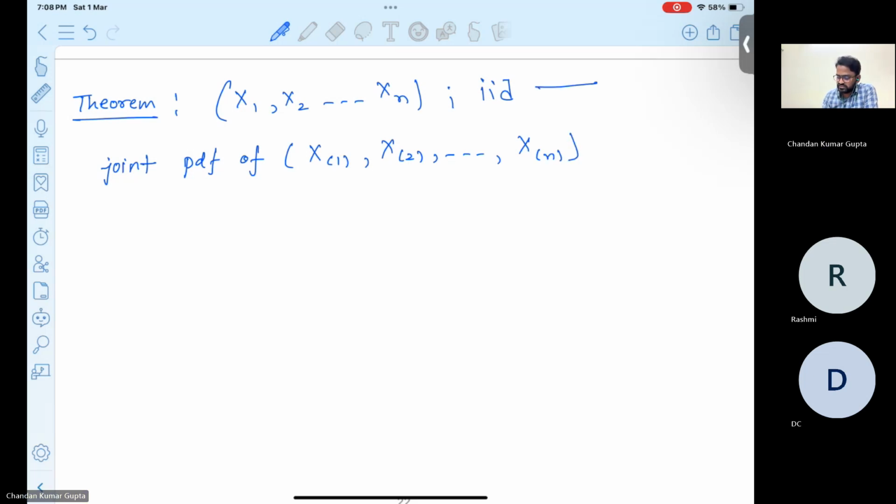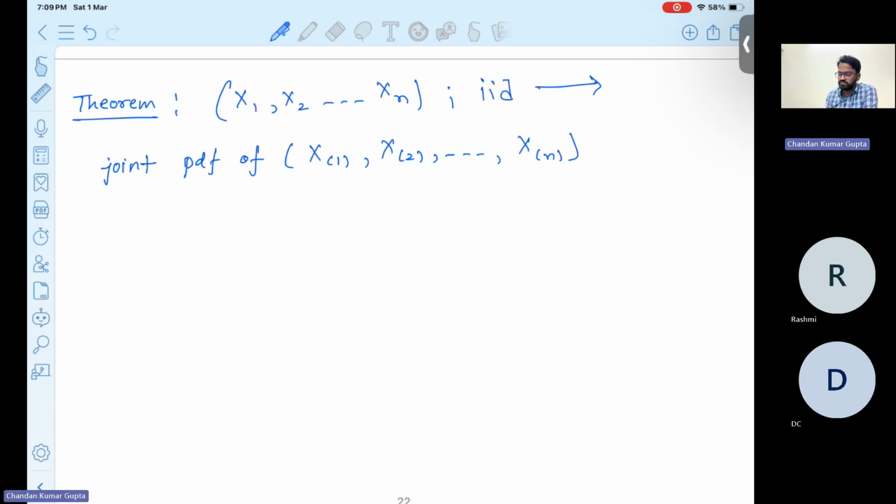Here, these are normal random variables only. In the latter, I have written in parentheses 1, 2 and n, so that is the ordered form. When we write in parentheses, then by default it is the ordered format.